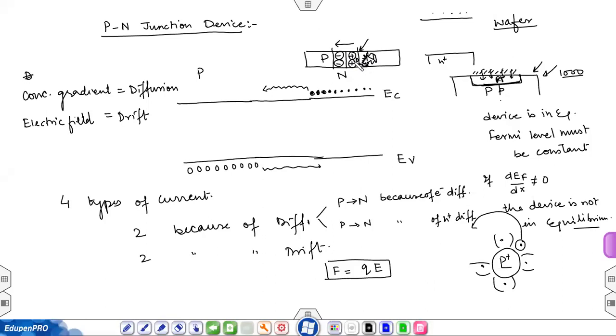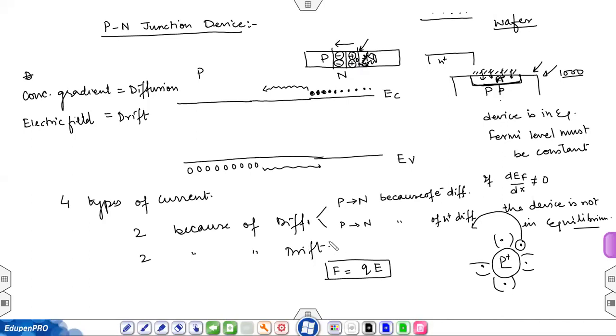Then what do you think? As soon as it comes under the electric field, immediately the electric field will sweep away this hole towards P-type semiconductor. N to P, because hole has a positive charge, so definitely it will experience a force in the direction of field. And what is the direction of field? N to P.